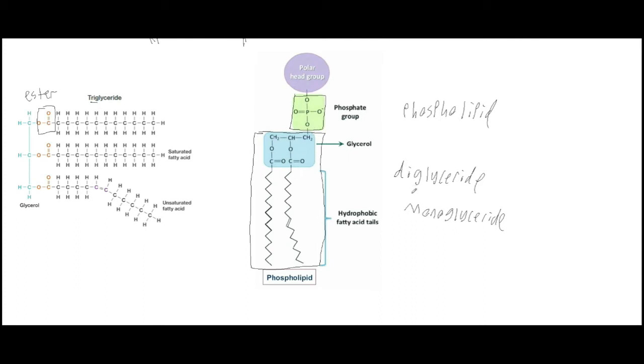And so those are the triglyceride, diglyceride, and monoglyceride, the three forms of fat that we get from our diet. And this is the way that fat is stored inside of us as well.